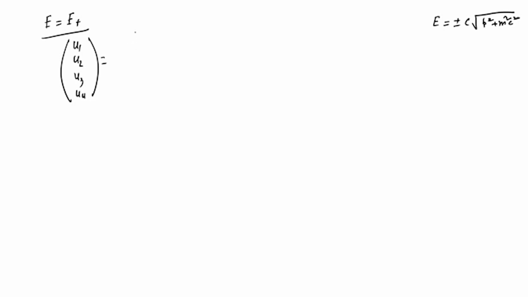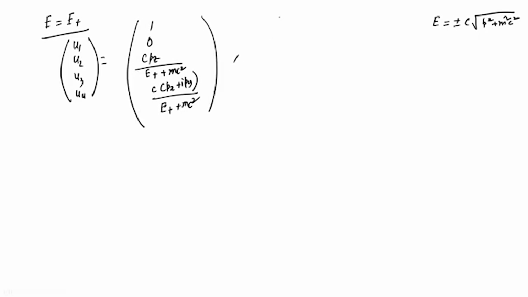So you have these u1, u2, u3, u4, and there are two linearly independent solutions. These are 1, 0, c p_z divided by E plus m c square, and c (p_x plus i p_y) divided by E plus m c square. Let me write this neatly. This is one, and the other is 0, 1, c (p_x minus i p_y) divided by E plus m c square, and minus c p_z divided by E plus m c square.